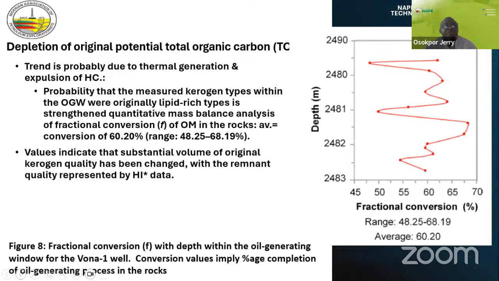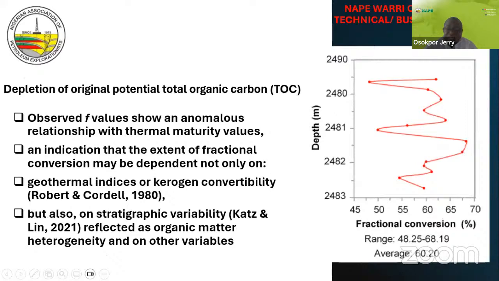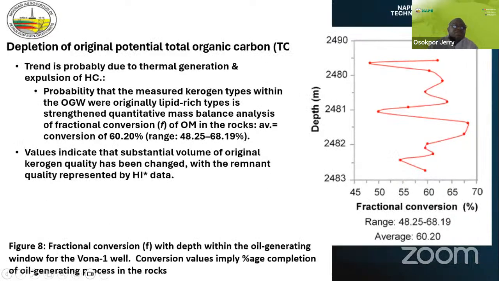So you can see that the percentage remaining ranges from maybe 52 to 40 something percent, and that is why it gives us a signature of gas prone kerogen, whereas actually the original nature is suppressed because it has released its carbon content in the generated hydrocarbon. Okay, so it shows that a substantial volume of the original material has been changed, with just the remnant that we measured in our data. Next slide.